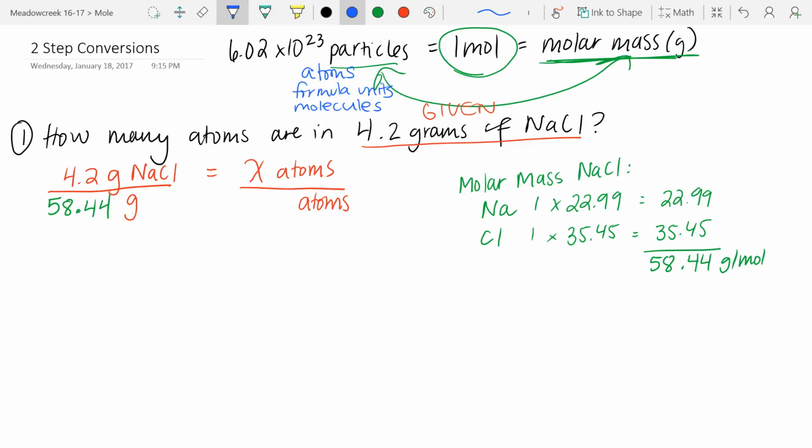Atoms, formula units, it's all the same. So atoms belongs with Avogadro's number. So I'm going to put Avogadro's number right here at the bottom of my fraction. So now that I've set up my ratios, I need to cross multiply and solve for x.